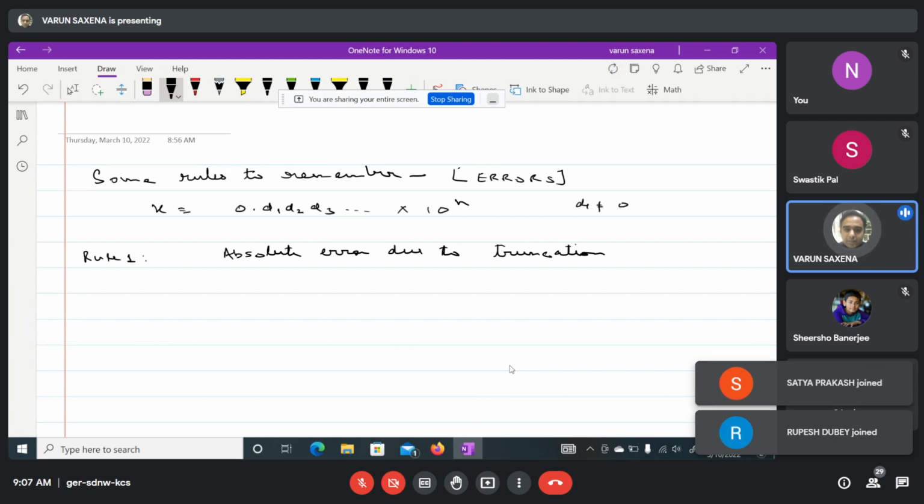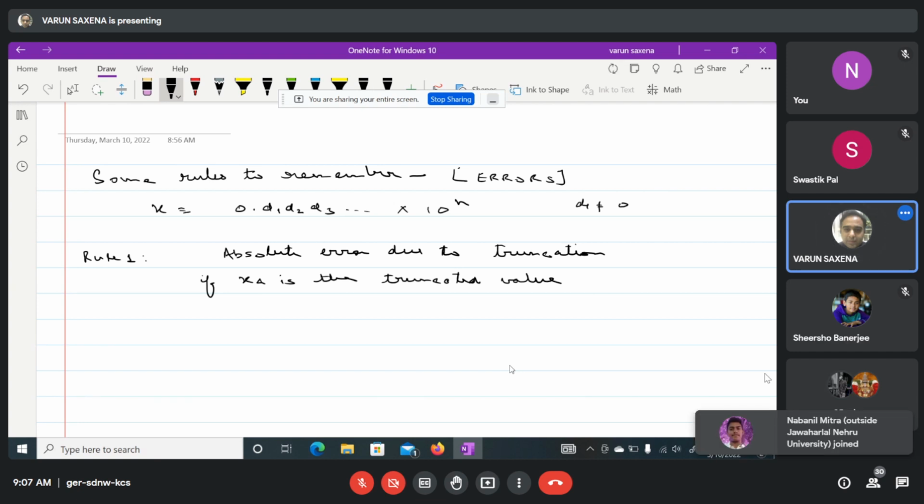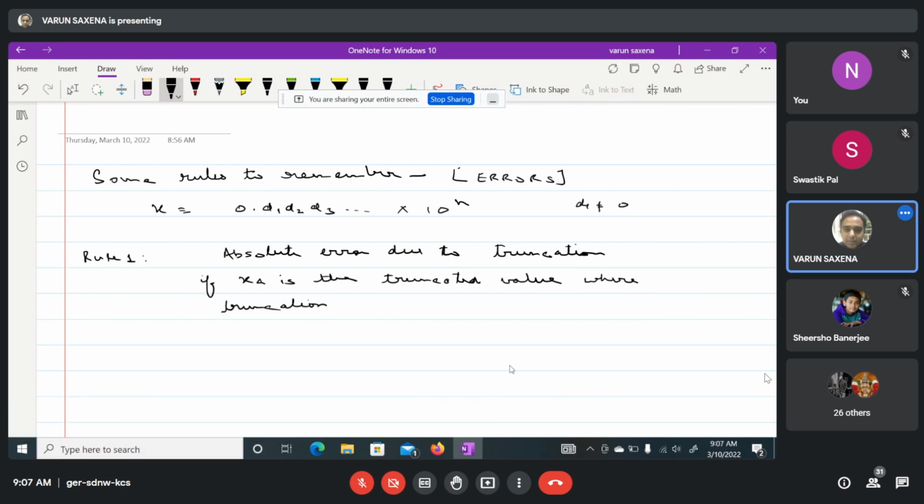Suppose xa is the truncated value, where truncation happens after k digits.